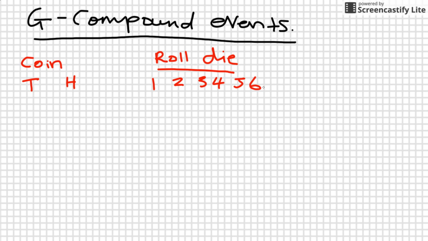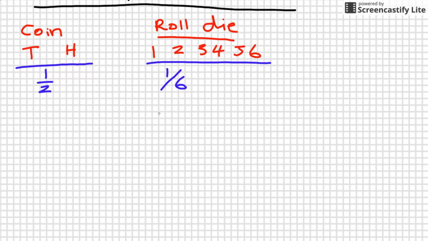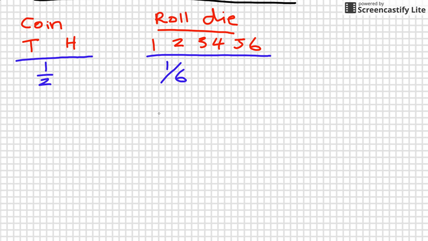So the chance of getting any one of these outcomes in the coin, so a heads or a tails, is 1 in 2. The chance of getting any of these outcomes on the dice is 1 in 6. So let's suppose we look at the probability of getting a tails.